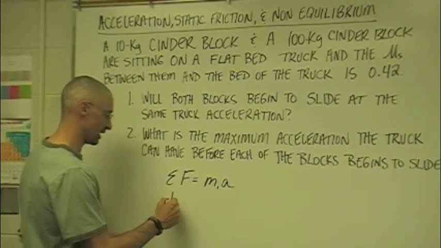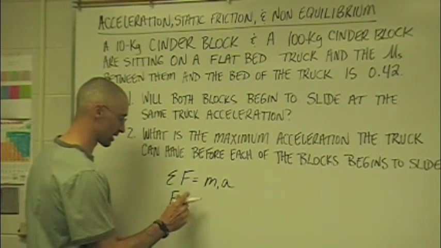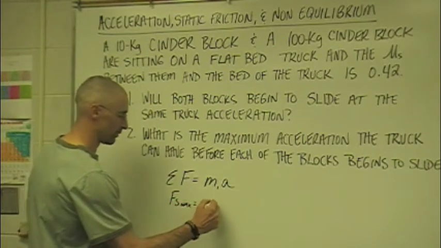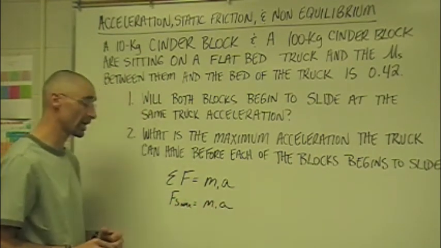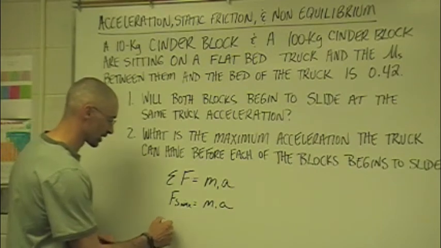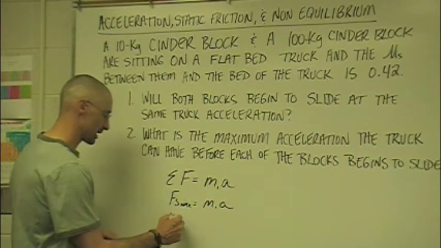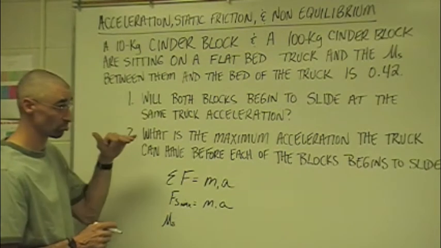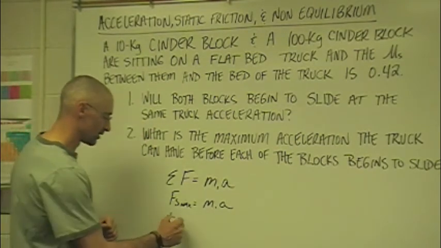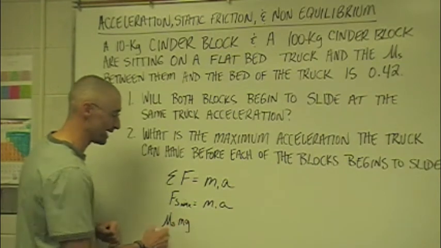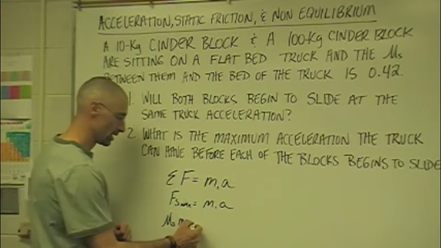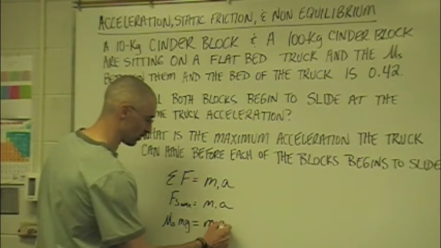So we could say Fs max equals m1a. If we plug in the equation for Fs max, we're looking at mu static times the normal force. And in this case, since we're on a flat horizontal surface, the normal force is equal to the weight of the block, so m1g. And so we can say that equals m1a.